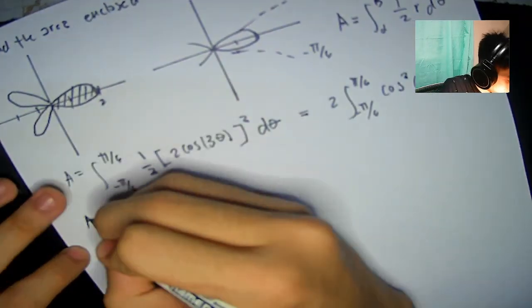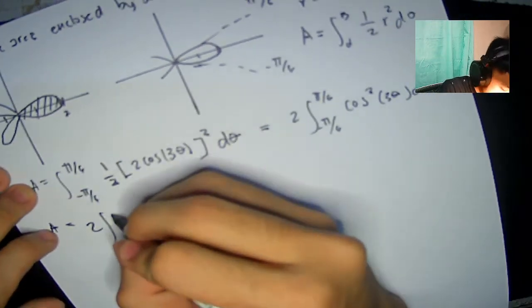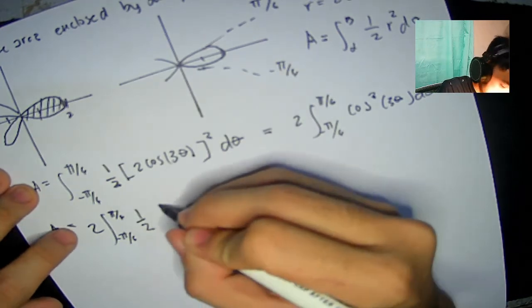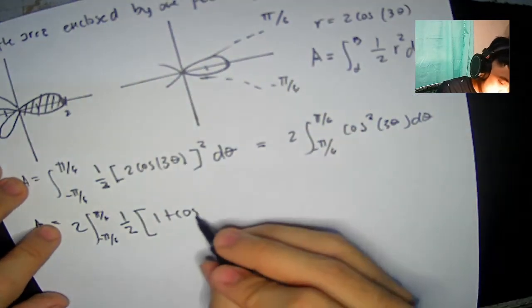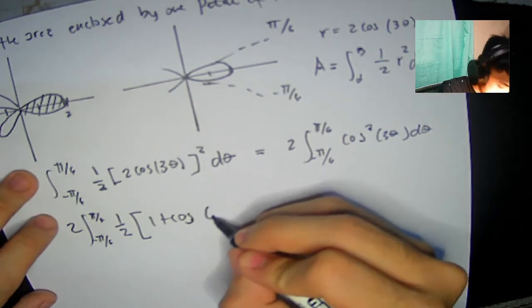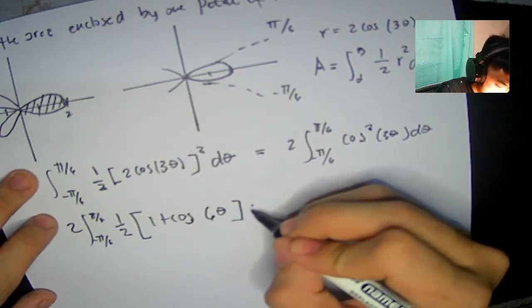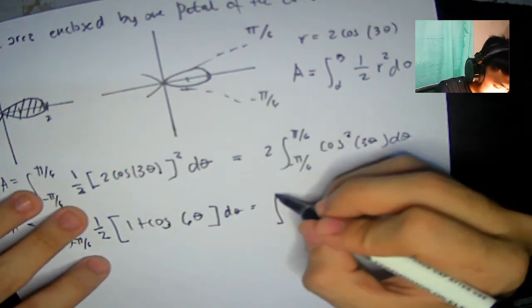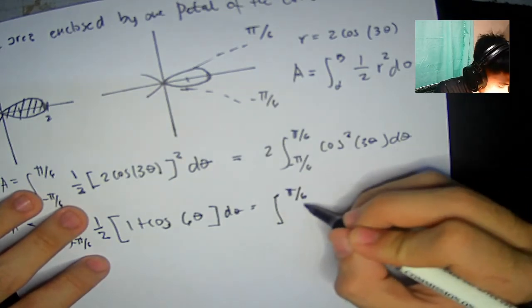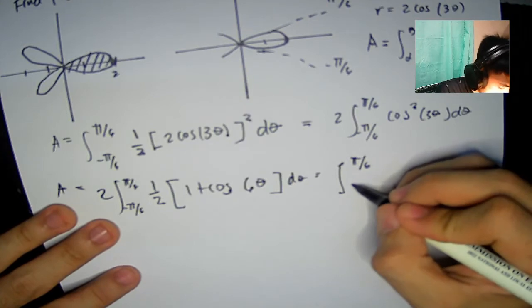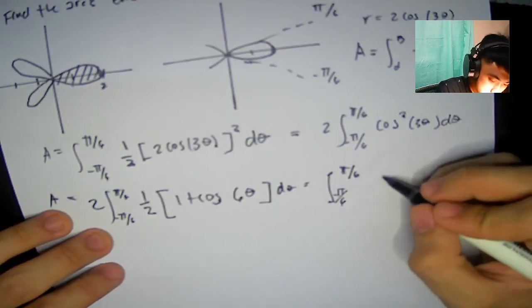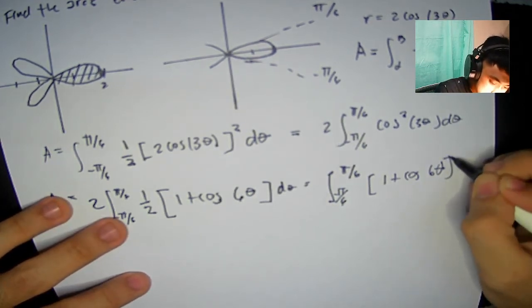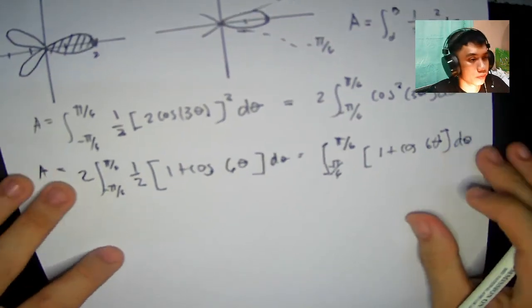So A equals 2, range from negative pi over 6 to pi over 6, don't forget the 1/2 (1 plus cosine 6 theta) d theta.